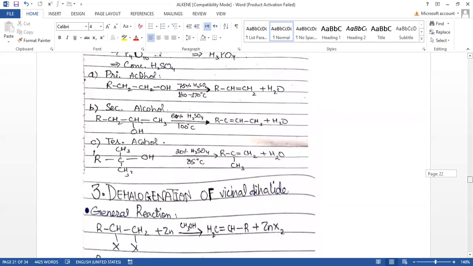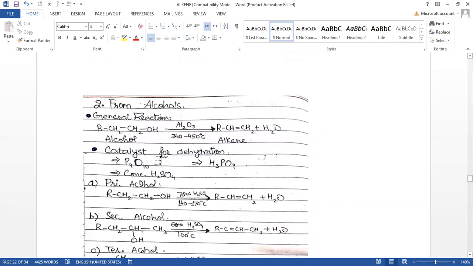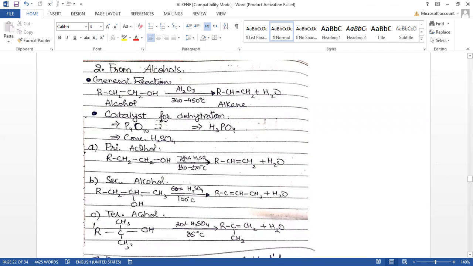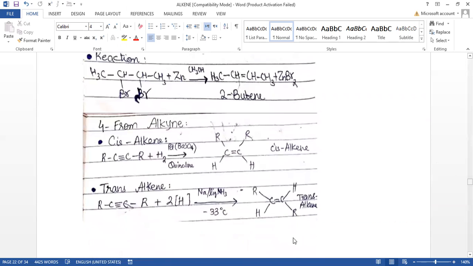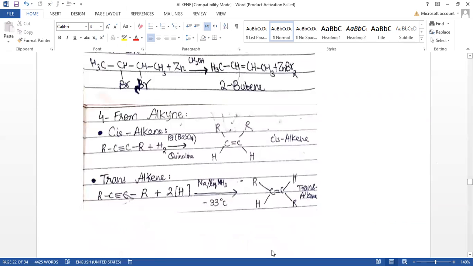The second one is from alcohol. As we know, there are different types of alcohol: primary alcohol, secondary alcohol, and tertiary alcohol. All the conditions will differ in every single case. For primary, we see that there is 75% and the temperature also differs among the three, primary, secondary, or tertiary alcohol, and we get our respective alkenes from these all.